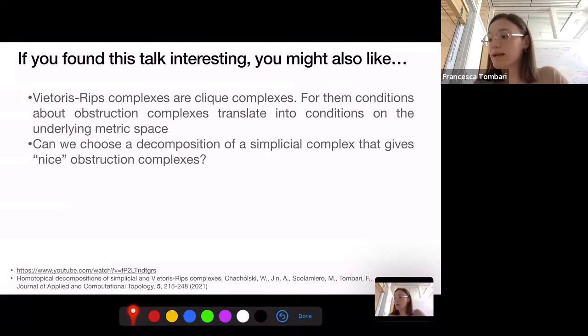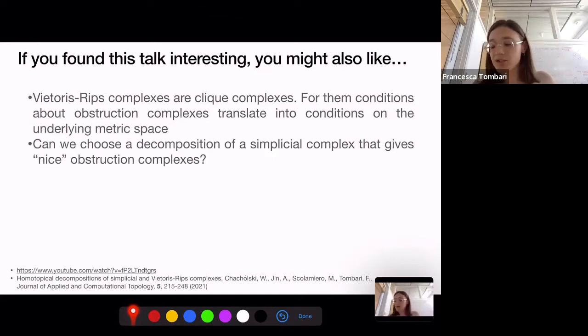We might also want to apply this decomposition technique to some particular simplicial complex that we want to study, and try to find nice decompositions in order to obtain obstruction complexes that we can understand, in order to say something about the complex itself.